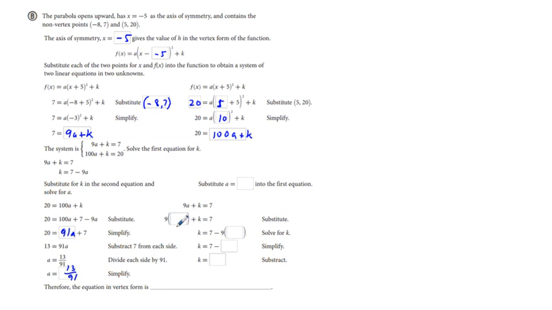Okay, and on the right side, we have this thing simplifies here. Substitute a equals.